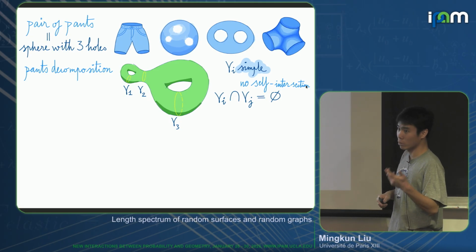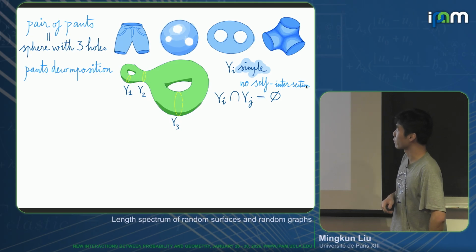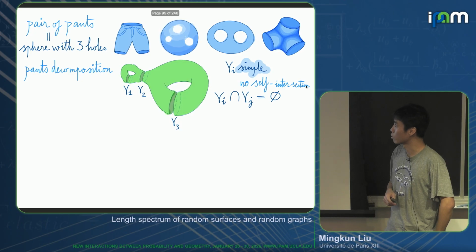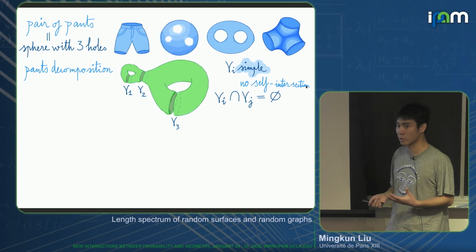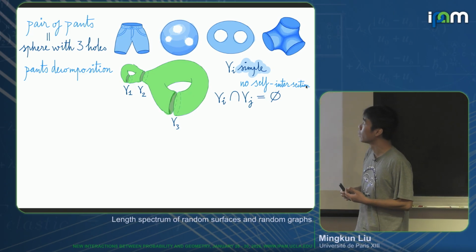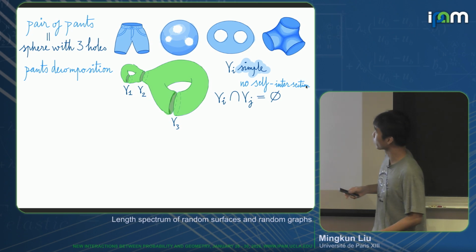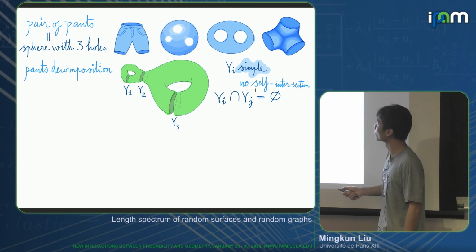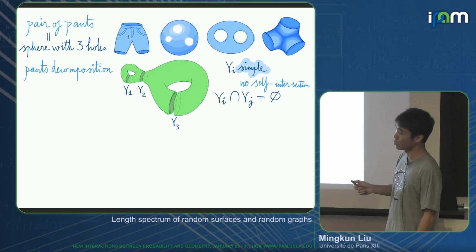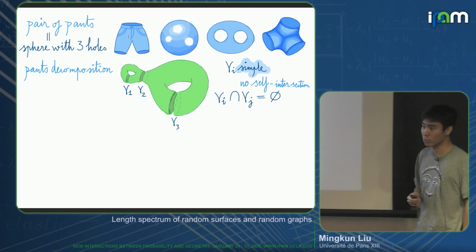So basically, you want to avoid all possible intersection, and also you want this set to be maximal, in the sense that if you cut your surface along all these curves, this will completely disconnect your surface. You get many connected components, and you want each of them to be a pair of pants. So for example, here is a pants decomposition because you have 2 connected components, and each one is homeomorphic to a pair of pants, a sphere with 3 holes.